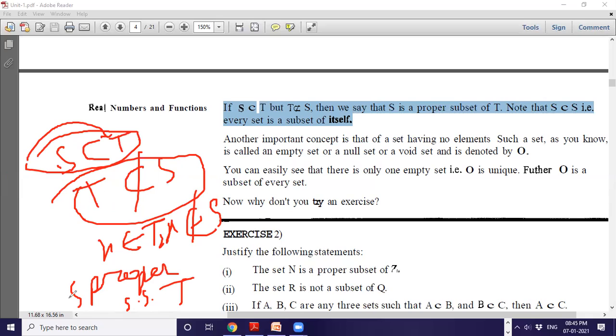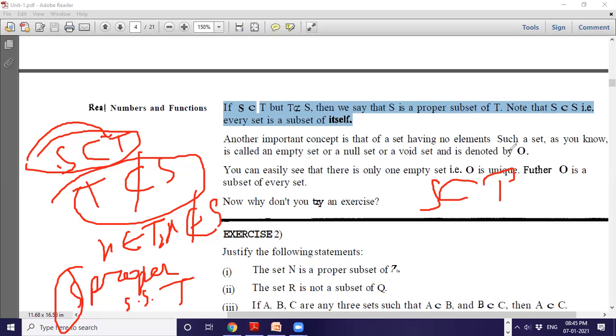Because proper subset क्यों बोला मैंने? Because S का हर एक एलिमेंट T में है, but T में उससे भी कुछ ज्यादा एलिमेंट्स हैं. तो S purely contained in T, right? Are you getting my point?